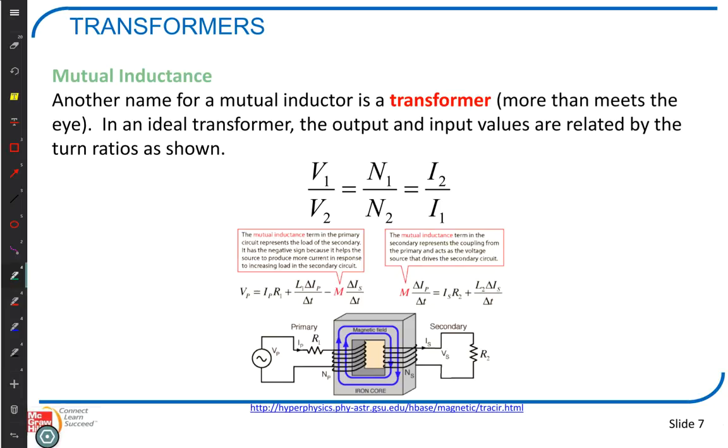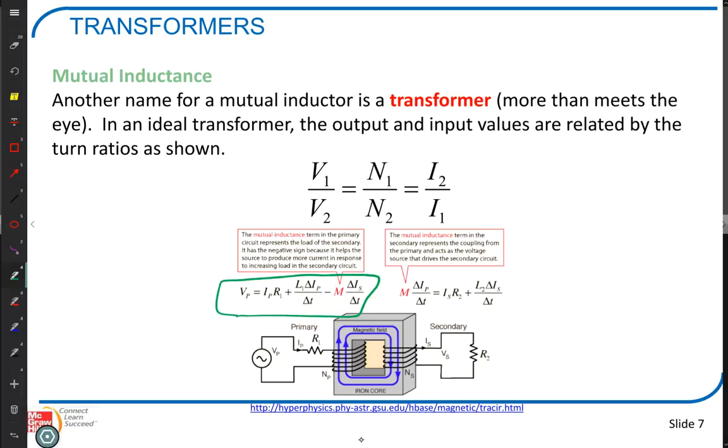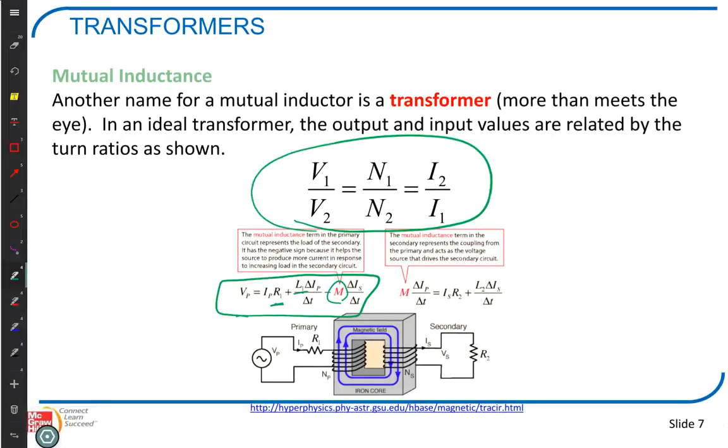But what's important about this is, these are the full-on equations for the relationship between the voltage in the primary. The current going through the primary has two pieces, one the resistance and one inductance, and then you have the mutual inductance and the current in the secondary. The equations are symmetric. This is your important equation to describe an ideal transformer.